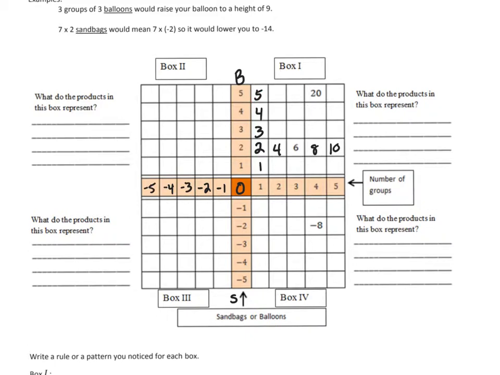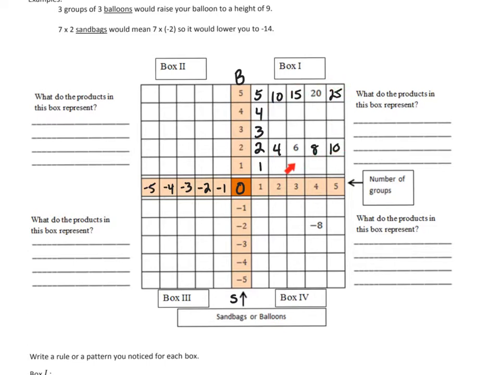Let's do one more example. Let's do the 5's up on top. 1 group of 5 would be 5. 2 groups of 5 would be 10. 15, 20, 25. All right, so if we add 5 groups of 5 balloons, we would go up 25, positive.